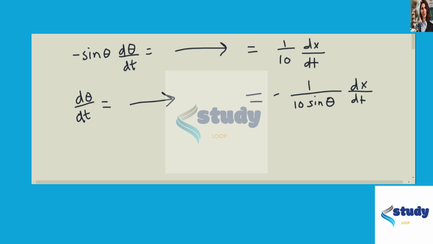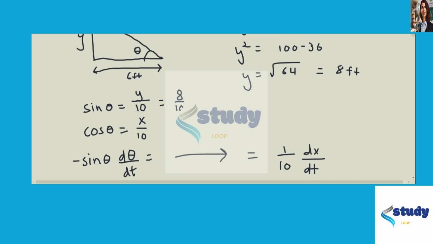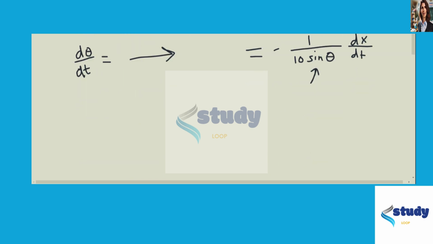All right, now we're told that the change of x, as it's moving across the ground, occurs at 1 foot per second. And we know sine theta we've already calculated over here as 8 over 10. So we can plug in all the values now. d theta over dt is equal to negative 10 times 8 over 10.